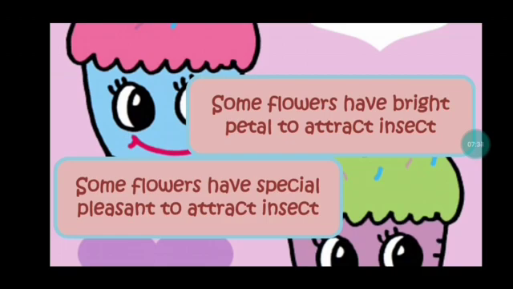There are so many ways. But for today we just talk about this. Some flowers have bright petals to attract insects. Other flowers have special smells. Ada yang punya bau yang khusus to attract insects. But all of the flowers have special things to help the plant to do reproduction.